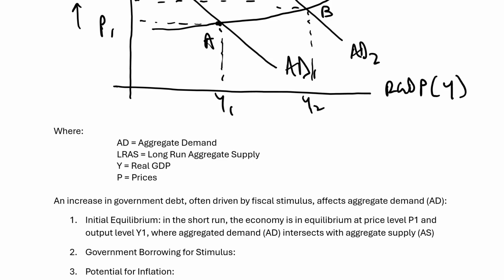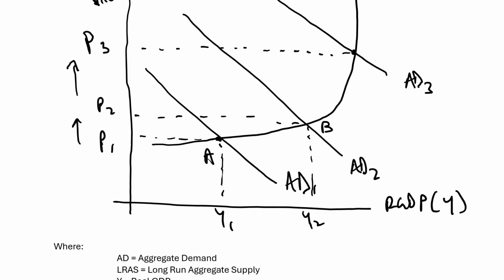So in step one, we have this initial equilibrium given by point A, and you can see that the price level is at P1 and output level is at Y1.